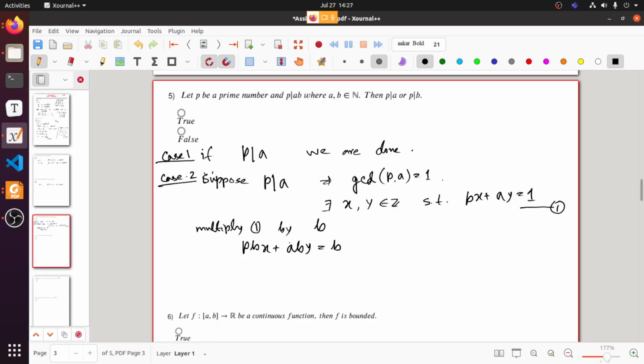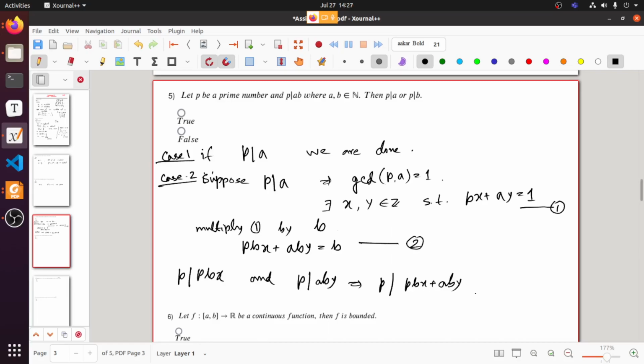Now look, p certainly divides pbx, because there is a factor of p. And as p divides ab, p divides aby. So p divides pbx and p divides aby, which implies p divides this sum, pbx plus aby. And what is this? This is b.